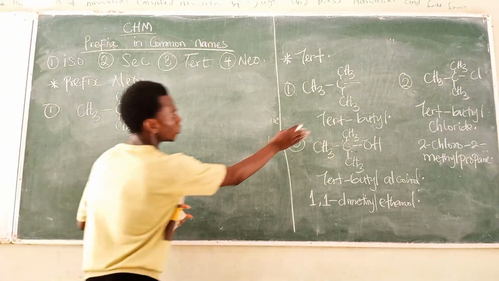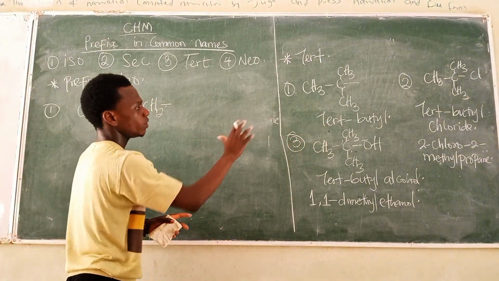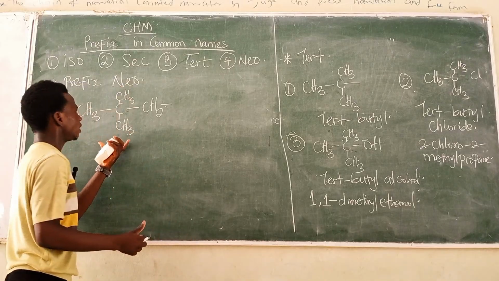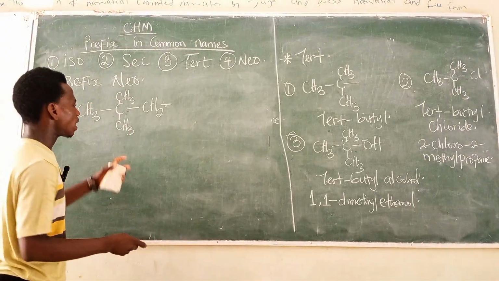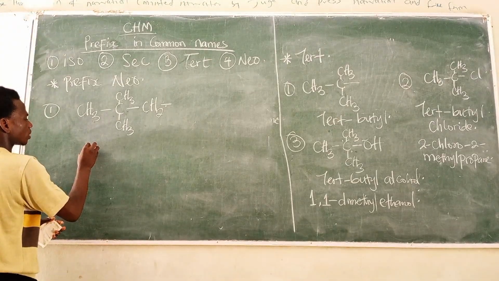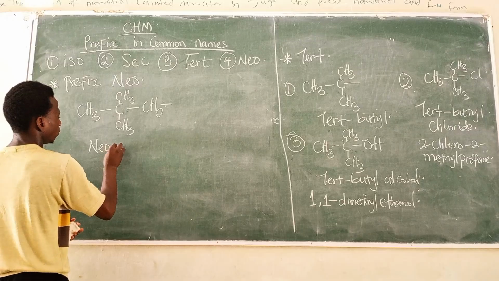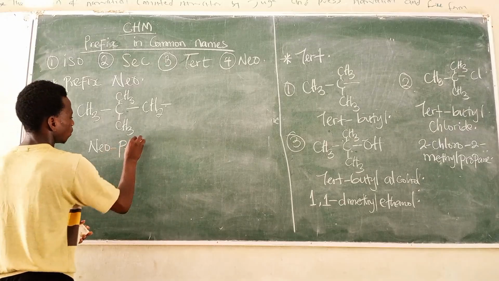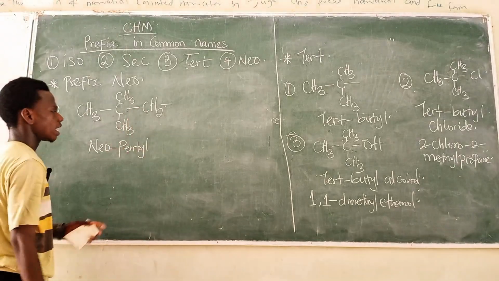So tert can only be tert-butyl, but neo can be neopentyl and above. So now the name of this particular structure using the common name becomes neopentyl, because of 5 carbon atoms.